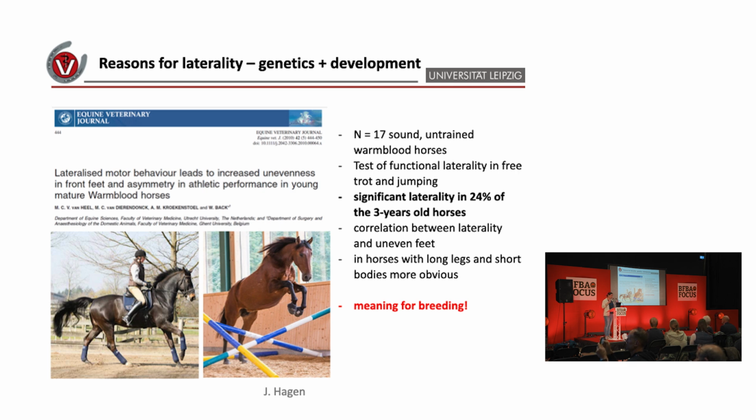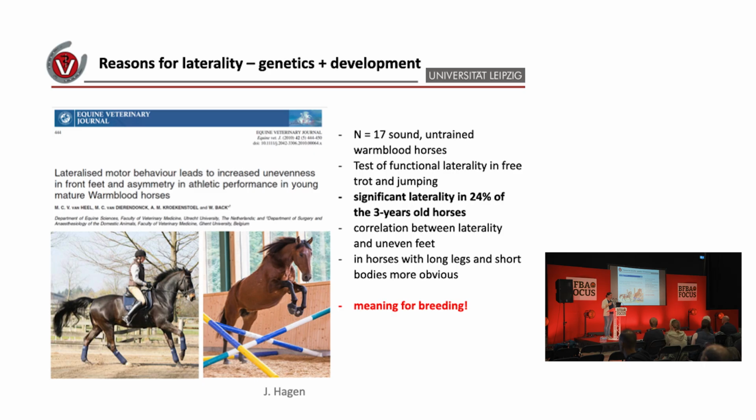If you meet an owner and they're saying, okay, my foal was actually quite nice, the feet were even and symmetrical, but at the age of 2 to 3, 4, 5, it developed the uneven angulation in the front feet. Then this is usually related to more handedness.